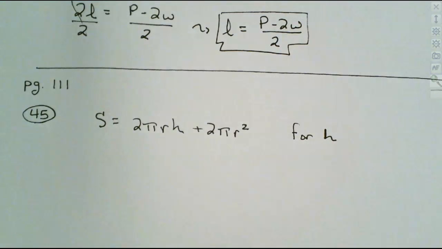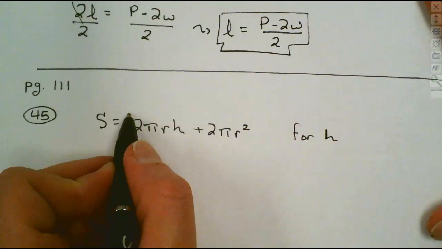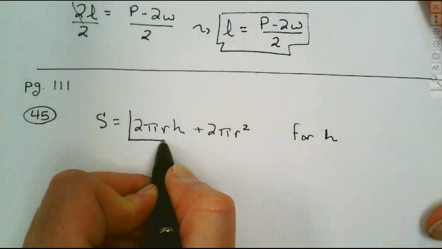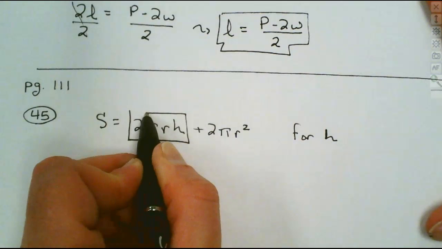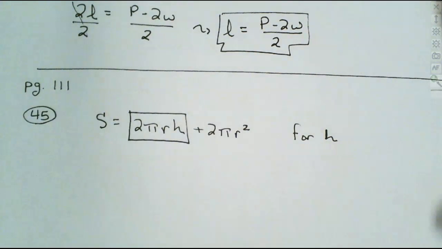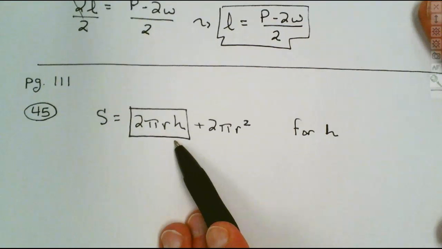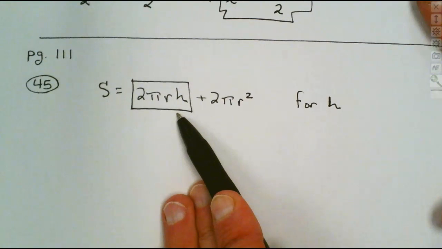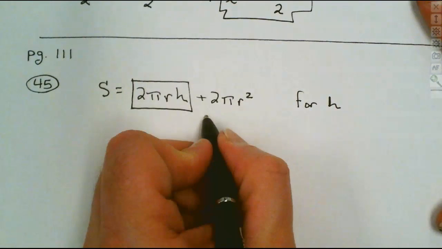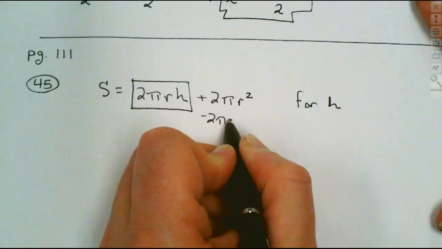Now the first thing we want to do is we want to find out where H is at. So we're going to come to our equation. We're going to put a box around this piece because this is the only part that has an H in it. And we want to get this box all by itself. So let's move that 2 pi R squared over.